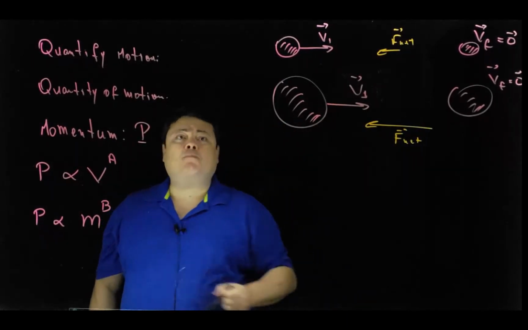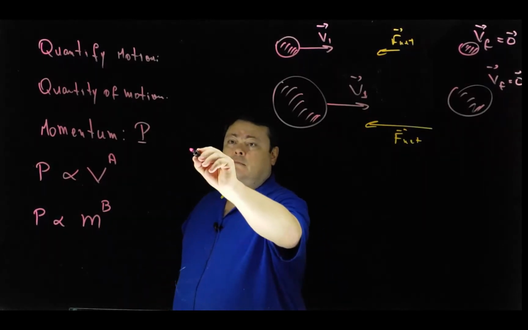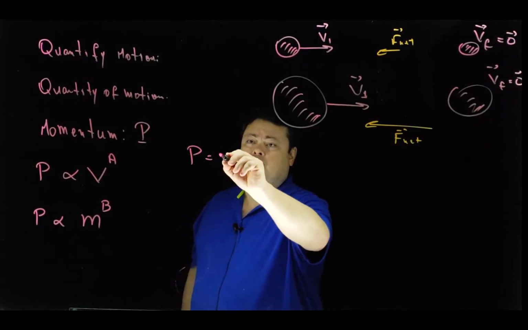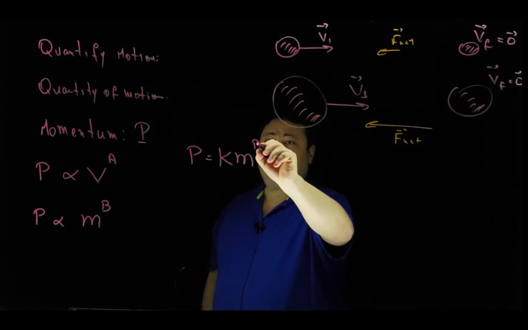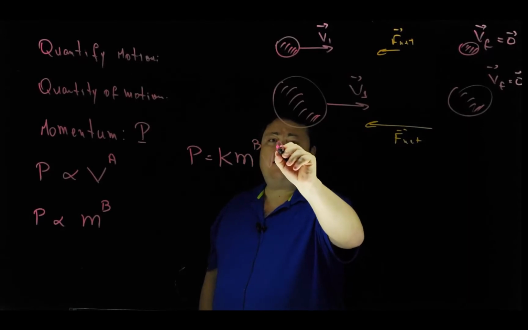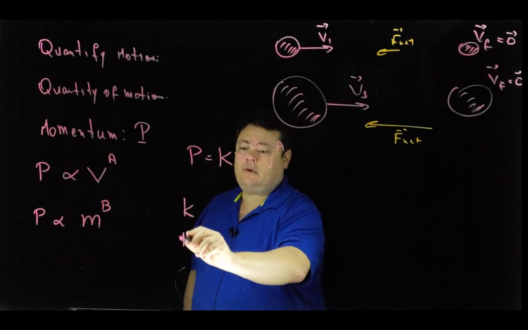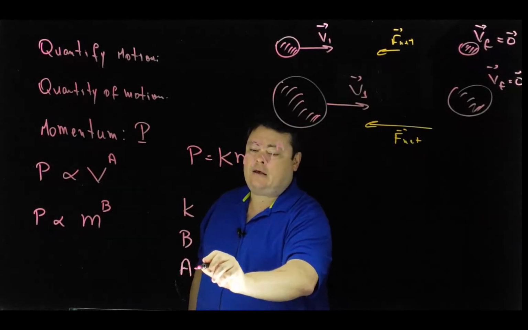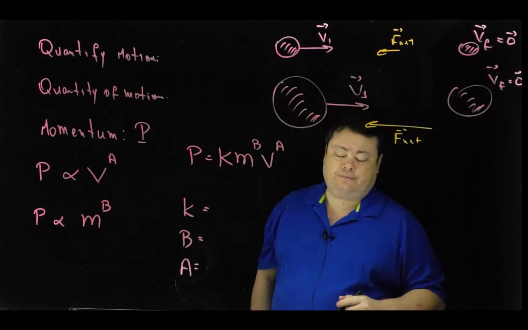If I have a proportion this way, I can combine it in one sentence. Momentum equals a proportionality constant k, times m to the b power, times v to the a power, where k, b, and a are coefficients that I still need to adjust.